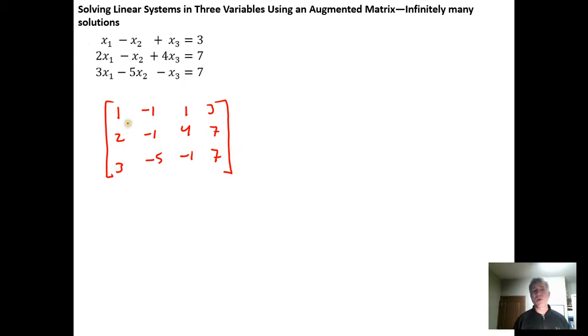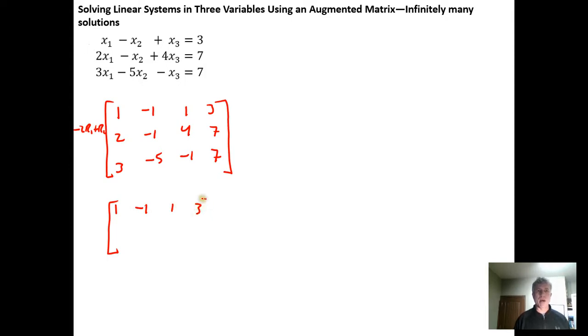We see that row 1 conveniently already has a leading 1. So we need to zero out the entries underneath it. So it looks like we need to do -2 times row 1 plus row 2 to get a 0 in this position. Row 1 isn't going to change.